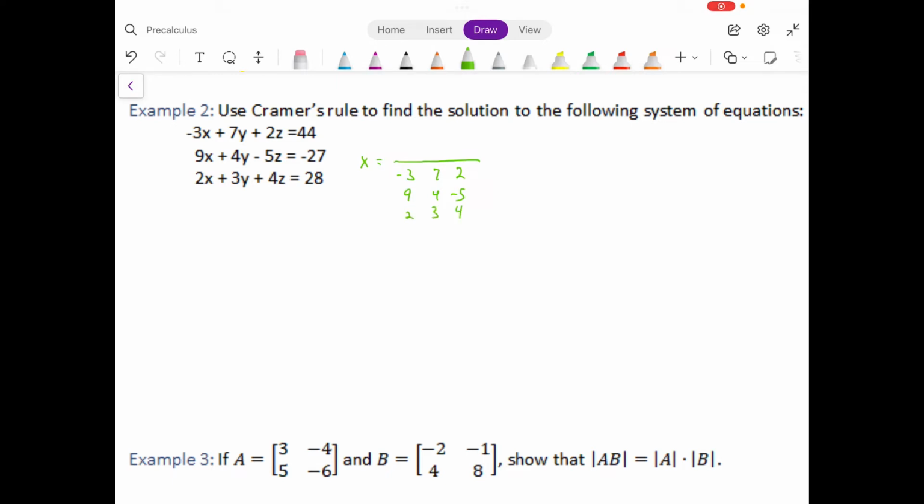And then the numerator, it's going to be the same matrix, except we're going to replace our x's with the constants. So there's the constant matrix, goes in for x's, and the other ones stay the same. So 7, 4, 3, and then 2, -5, 4.